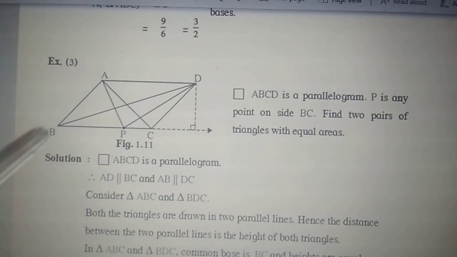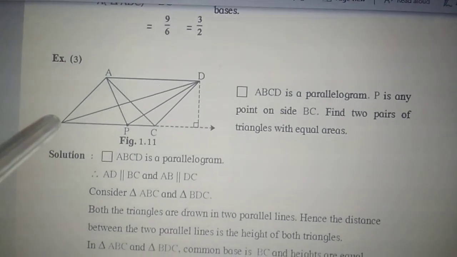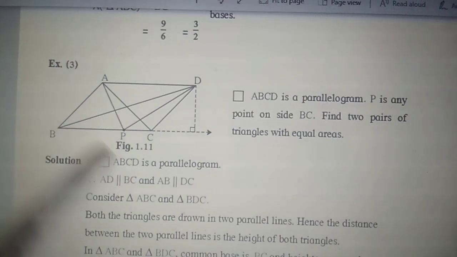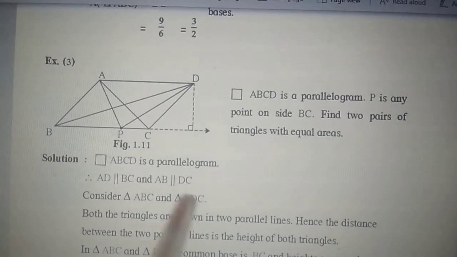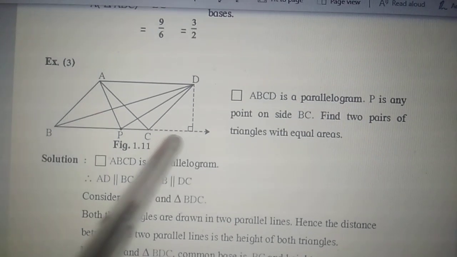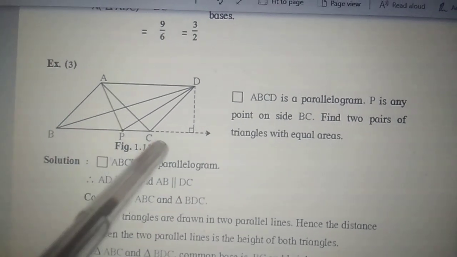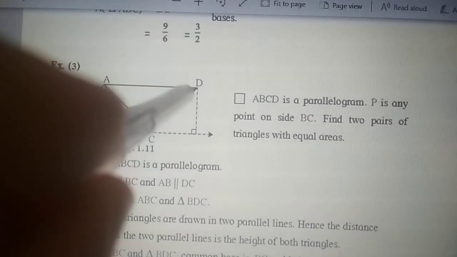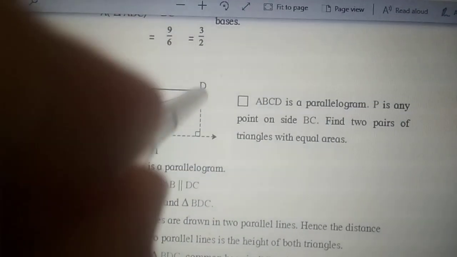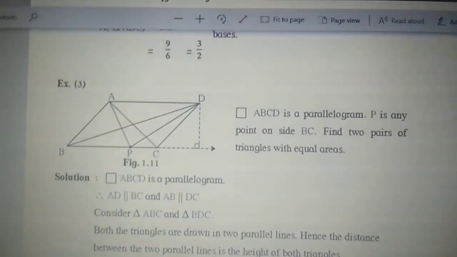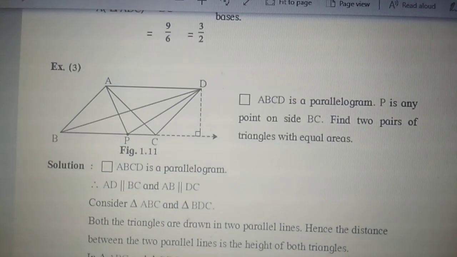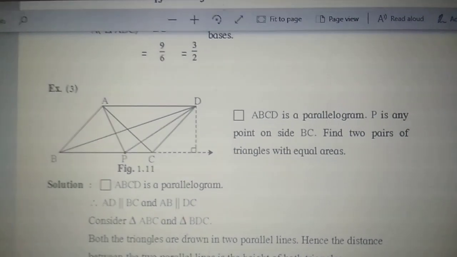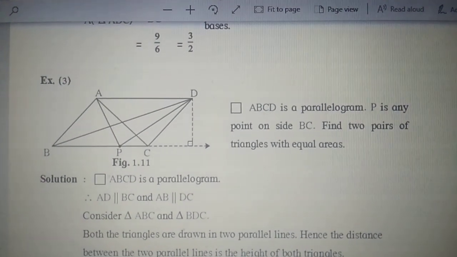ABC, this one, and BDC, this one. In ABC and BDC, BC is the same. Base is the same, and also the distance between these two triangles, that is the height of these two triangles, is the same because they are situated between parallel lines AD and BC. That's why their height is the same as well as the base.